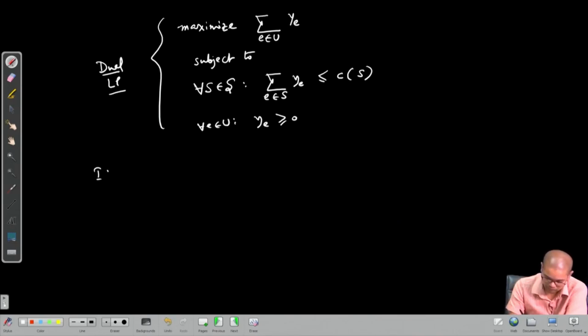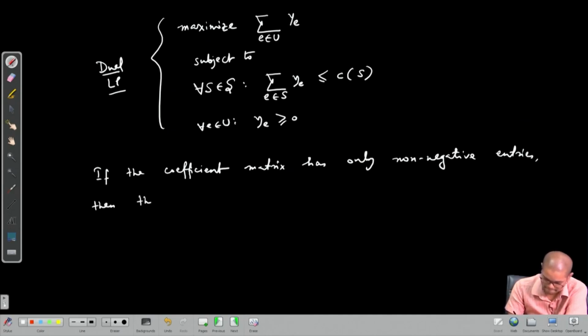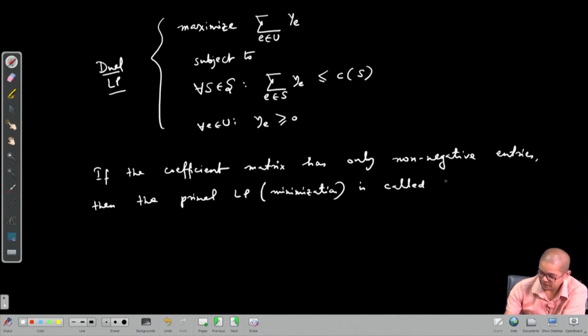So, if the coefficient matrix has only non-negative entries, then the primal LP, which is a minimization LP, is called the covering LP.